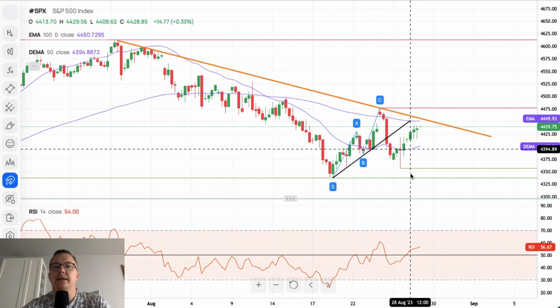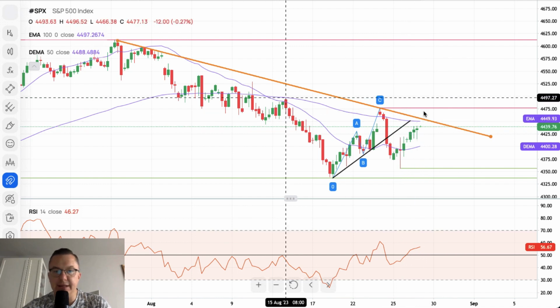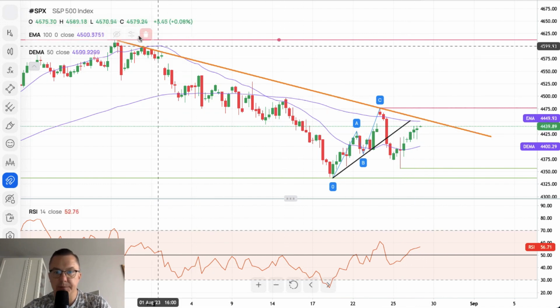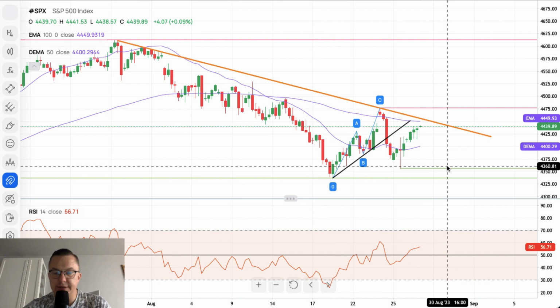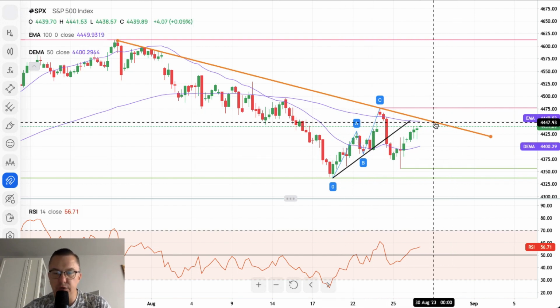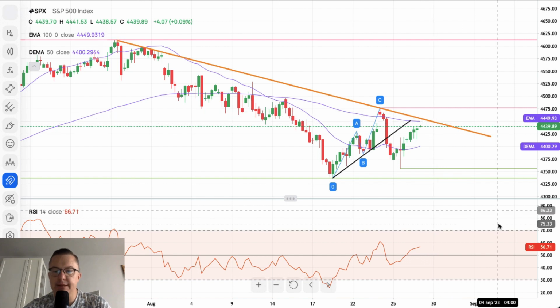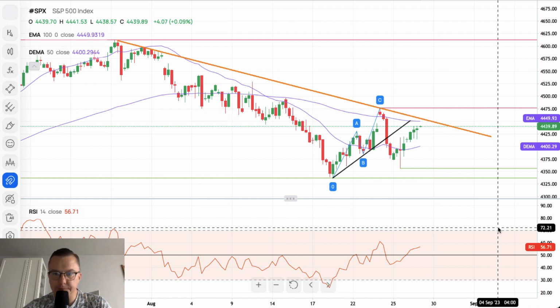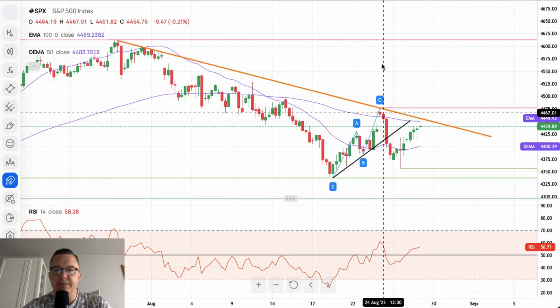We are still in the corrective mode, and anytime now the market can reverse and continue this movement to the downside. So let's just wait which of these levels will be the one that will make the market move lower. So that was the S&P 500 index.